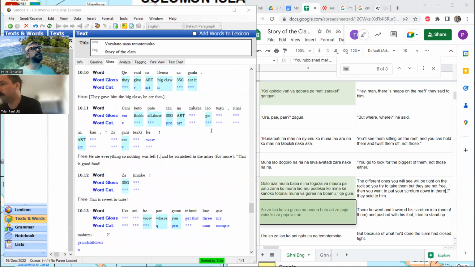But one of the cool things is that all these stories in this book take place, not necessarily on the island of Ghanongga. It's not that it says that, but they take place in that universe. So we're bound to encounter words like giant and reef and claw and all this stuff again.